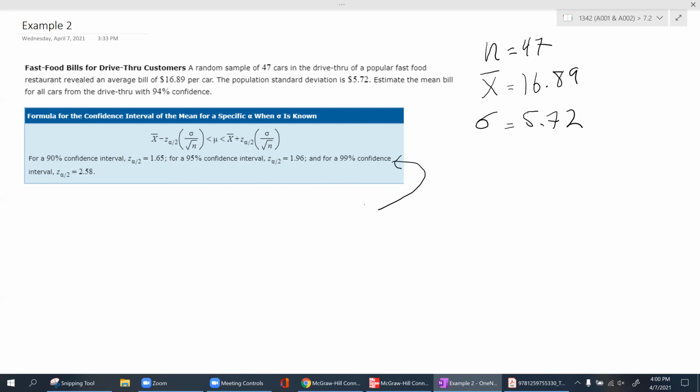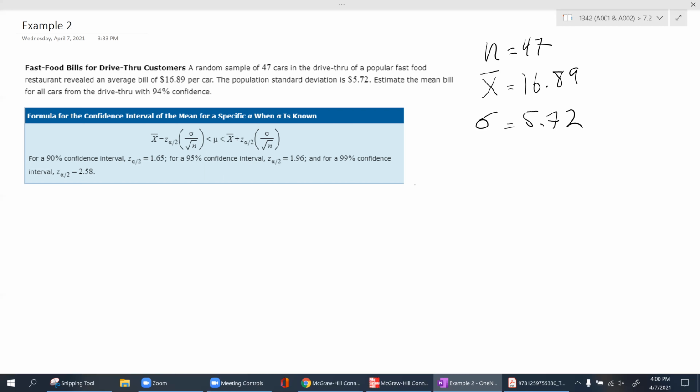Sure, you can check your work against your book, but you need to show your work. I need to know that you know how to find the z alpha over 2 for 90%, 95, 99, 98. Please show all your work, because that's how it is going to be in the exam. If I ask you to show your work for a 99% confidence interval and you just set it equal to 2.58, you're not going to get any credit.